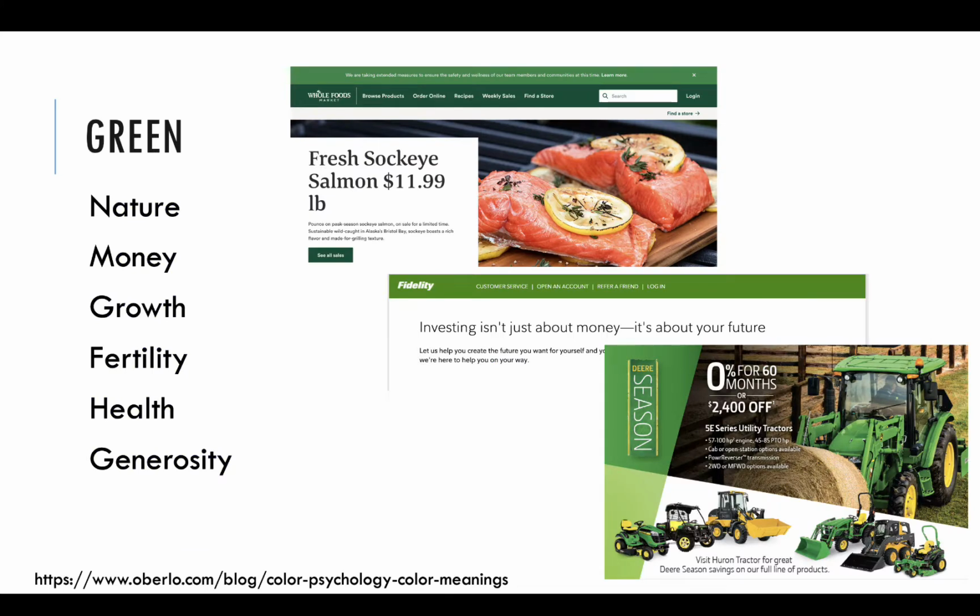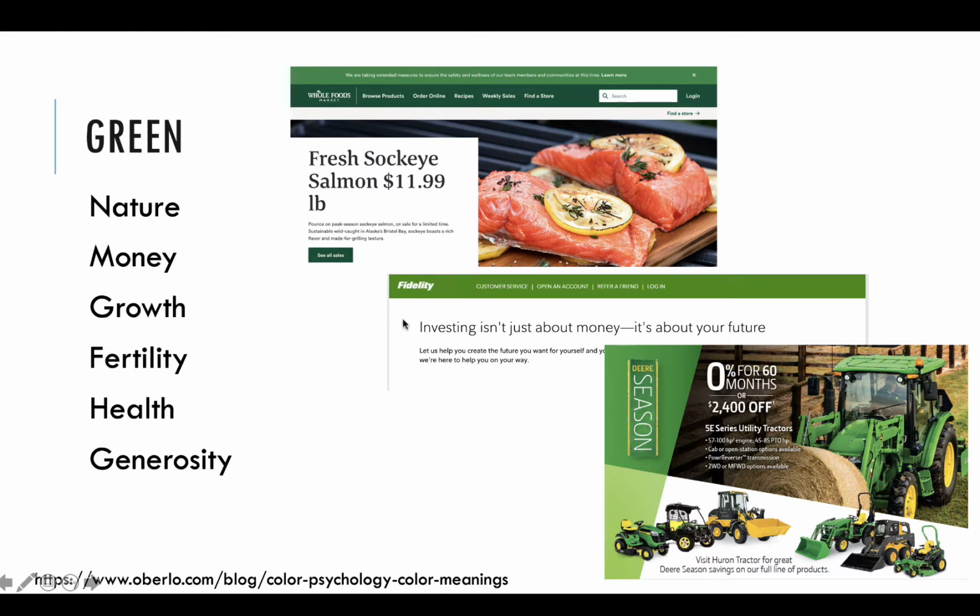Now, green is an interesting color because green is often used for your organic type of messages, your nature, growth, fertility, health. It's also shiny and happy. You'll see here Whole Foods is big and green, very organic. You're going to see their color palette full of fresh and vibrant types of imagery, and they're definitely going to have that green organic thing about it.